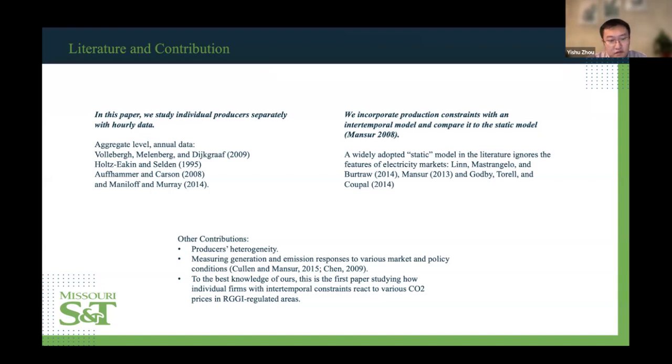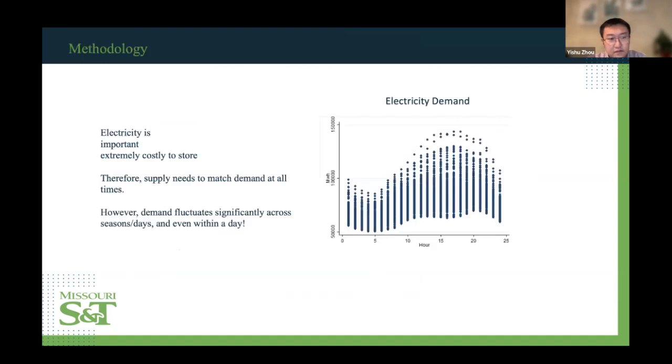We also check the producers' heterogeneity, and we simulate different scenarios to measure the generation and emission responses to different market and policy conditions. This is the first paper studying how individual firms react to different CO2 policies in the regulated area.